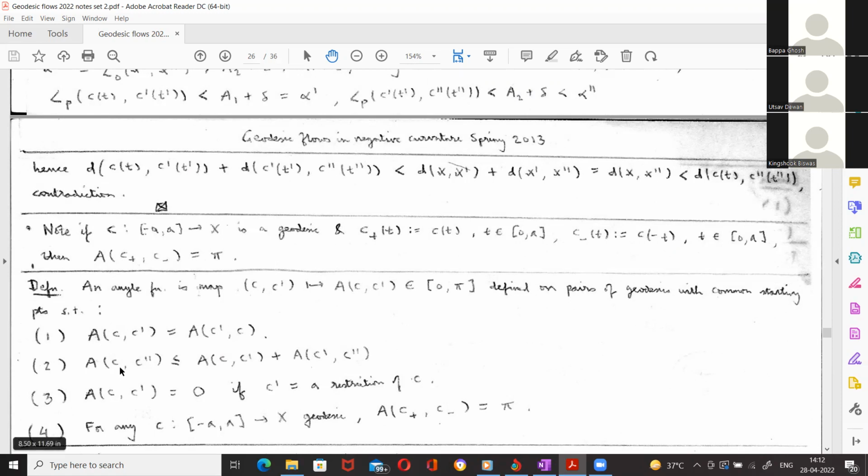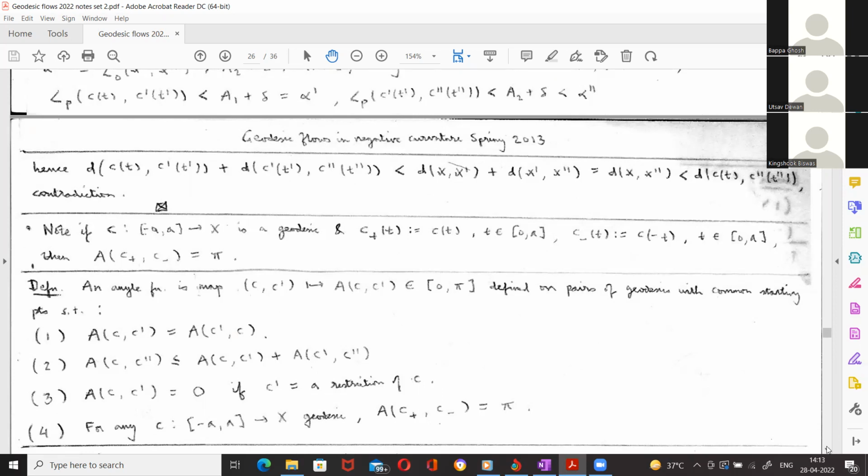It satisfies this triangle inequality: A(C, C'') is less than or equal to A(C, C') plus A(C', C''). And A(C, C') is 0 if C' is a restriction of C. And if C is a geodesic on an interval around 0, then A(C plus, C minus) is pi. So the Alexandrov angle satisfies all these four properties, right?